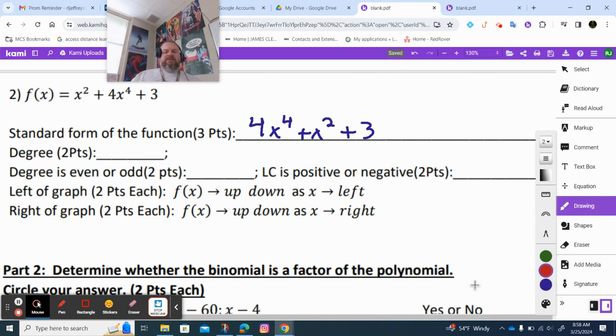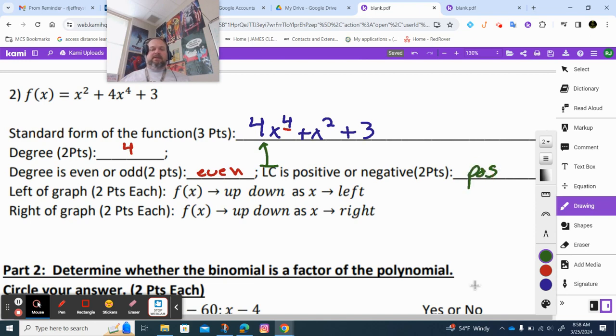So what is this degree? 4. Okay. Is 4 even or odd? Even. All right. Our LC, leading coefficient. That means this number right here. Is this positive or negative?